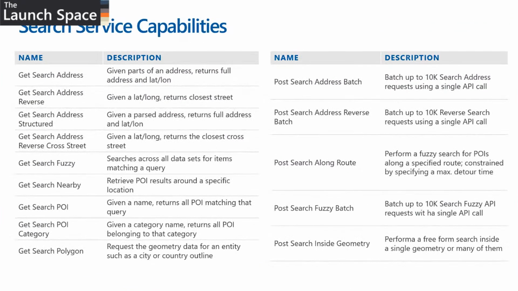We have the batch call, which, as I mentioned before, lets you call up to 10,000 addresses in a single API call. We have the different categories, nearby, and fuzzy search. If you are not sure what you're looking for, you can call this.